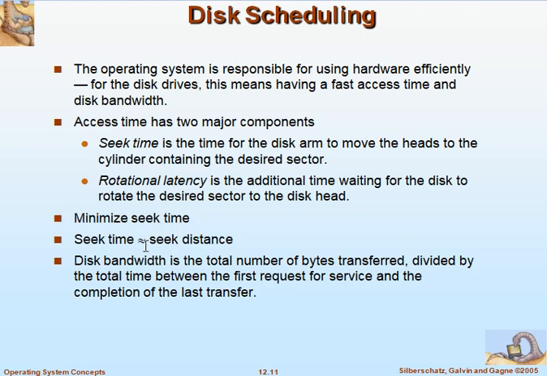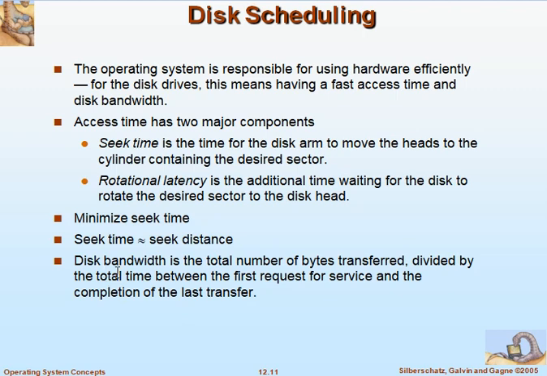And seek time, as we can understand, is almost the same as the seek distance. How much distance we are seeking, that is the seek time. Disk bandwidth is the total number of bytes transferred divided by the total time between the first request for service and the completion of the last transfer.